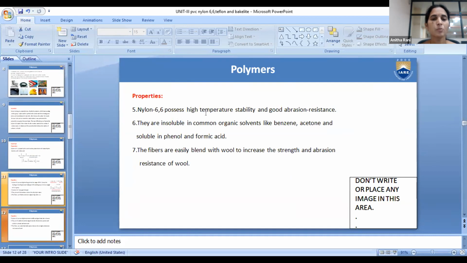Nylon 66 also has good abrasion resistance. It is soluble in phenol and formic acid, but insoluble in benzene and acetone. These fibers are easily blended with wool, to increase the strength and abrasion resistance of wool.